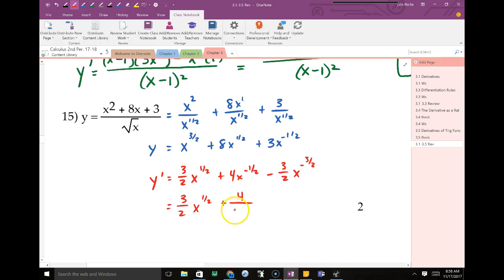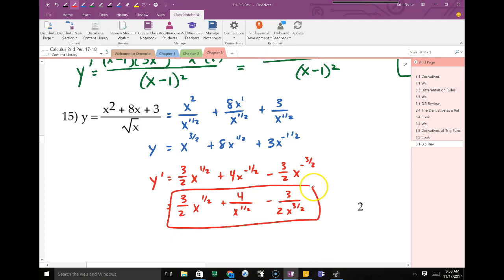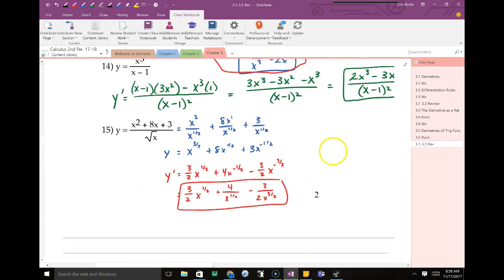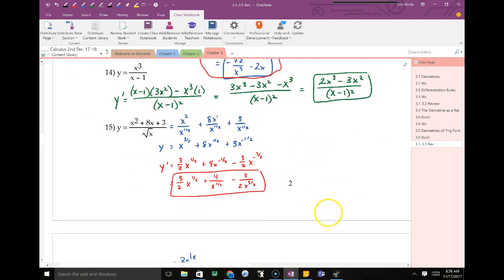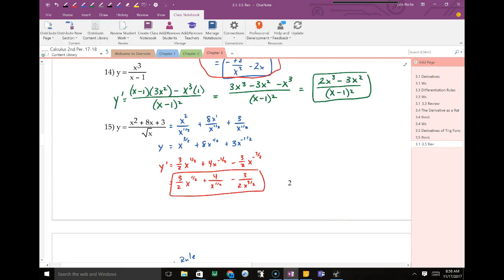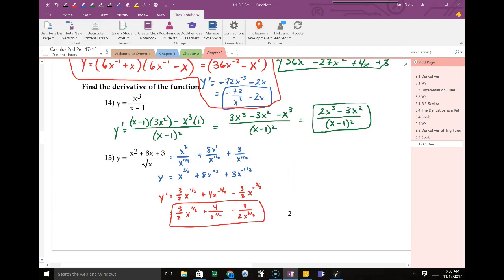And then make sure to reduce your final answer. The right answer I have circled there. For 13, negative 72 over x to the third minus 2x.